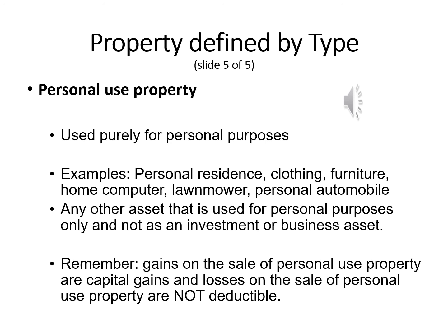For example, you sell a personal use asset, there's no way you're going to get any of that $3,000 capital loss, even though, on the flip side, if you sell it at a profit, you do have to report capital gains on that old car that you had out back and managed to sell for a little bit of a profit. So it works one way, but it doesn't work the other.